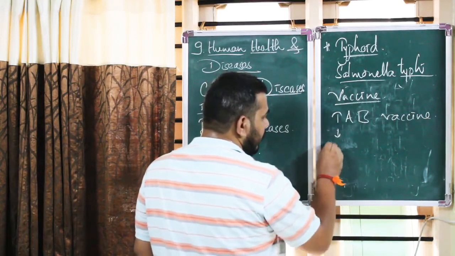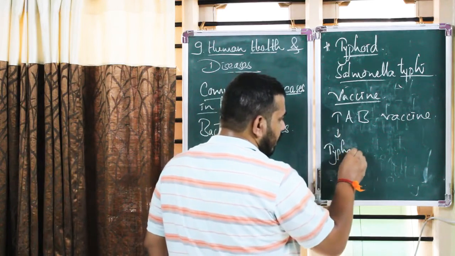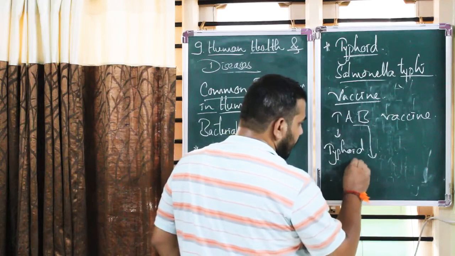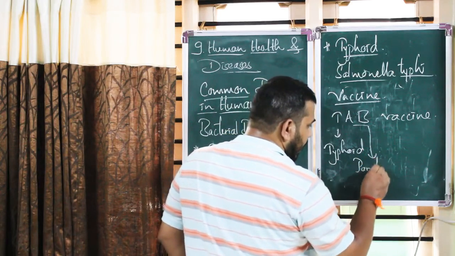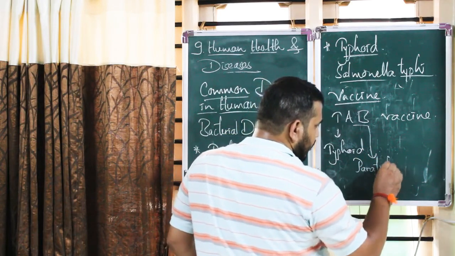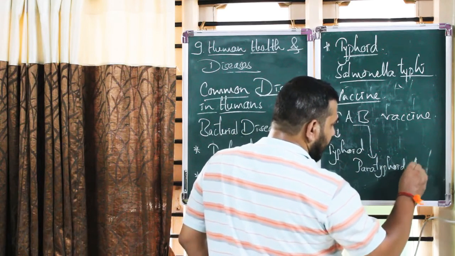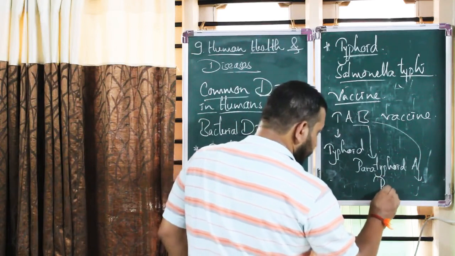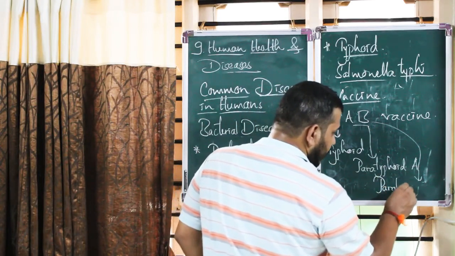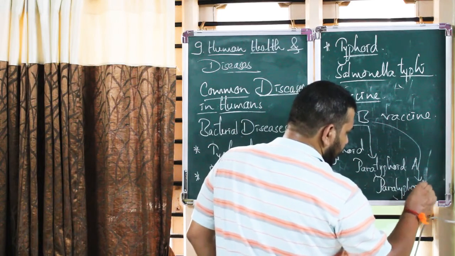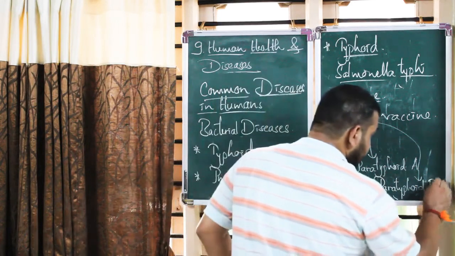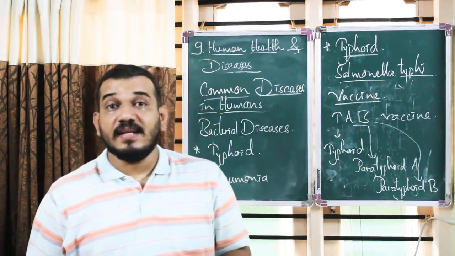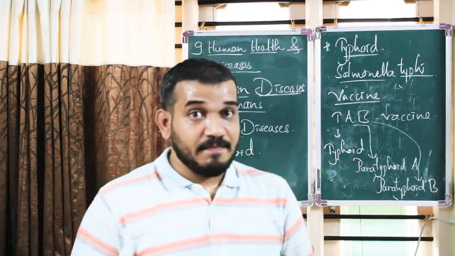T stands for typhoid, A stands for paratyphoid A, and B stands for paratyphoid B. Now this vaccine prevents against typhoid for 3 years.